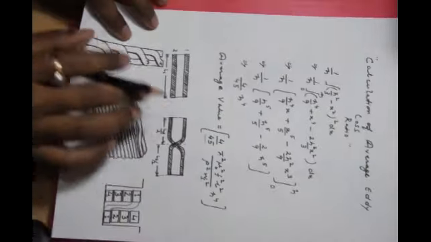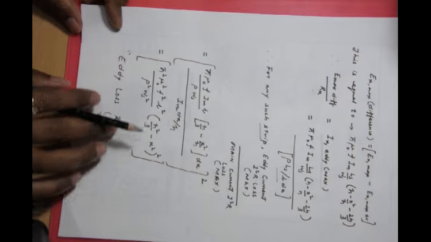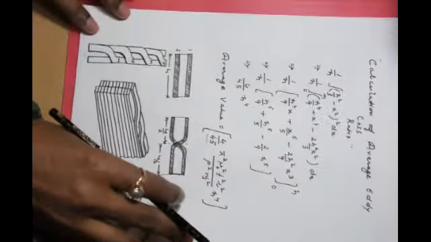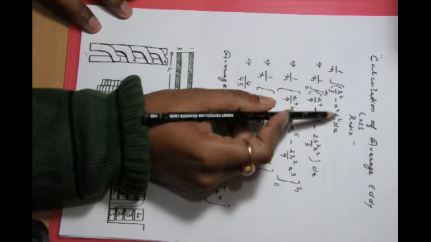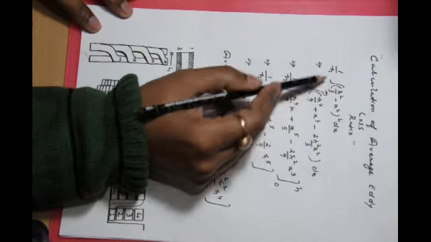The average of this expression is h square by 3 minus x square whole square dx, and average over the entire height.